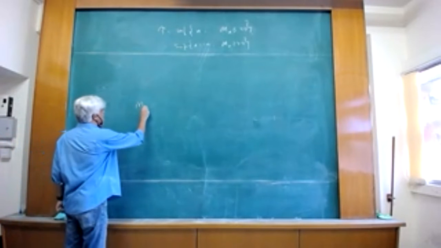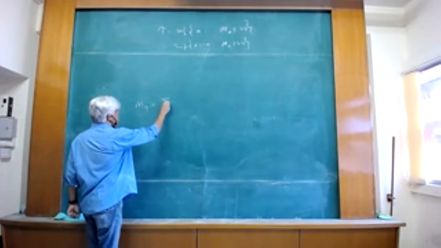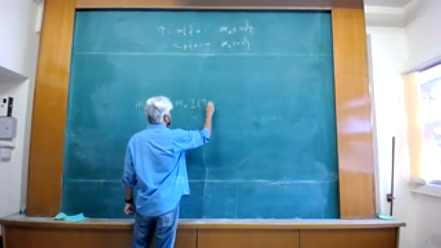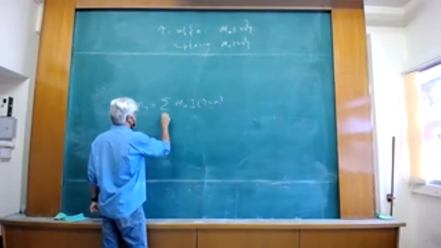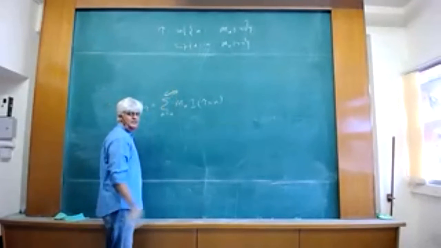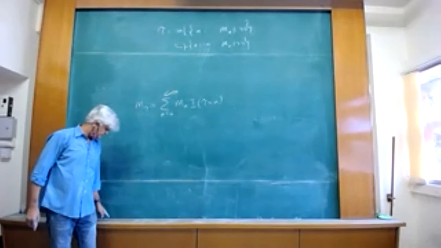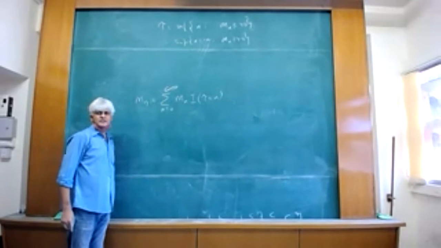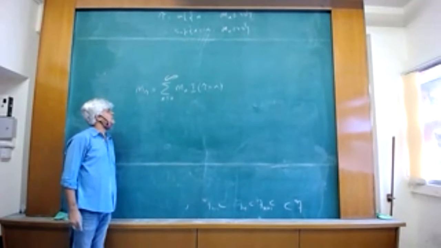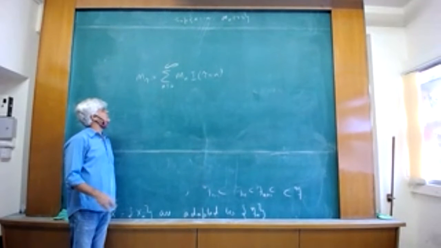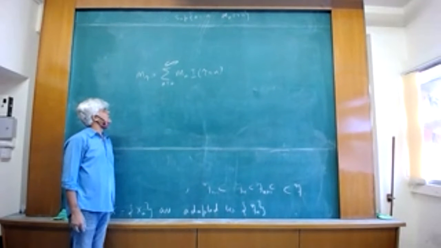So we say M of tau. M of tau is exactly what you expect it to be. It's M of n times the indicator that tau equals n. This is the random variable M observed at tau, a random sequence M observed at tau.